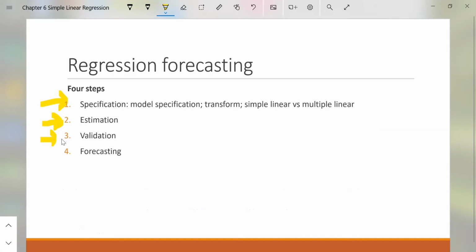Okay, we can't just assume whatever model we fit to the data, it would work. So we need to verify that. And lastly, once we can confirm our model is valid, is doing a good job, then we can do the forecast.